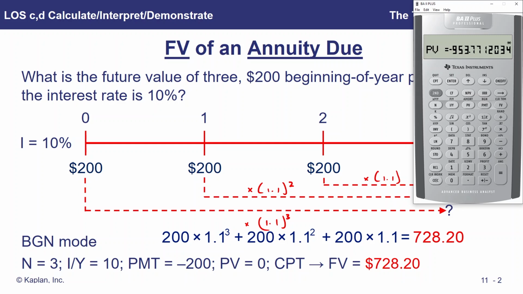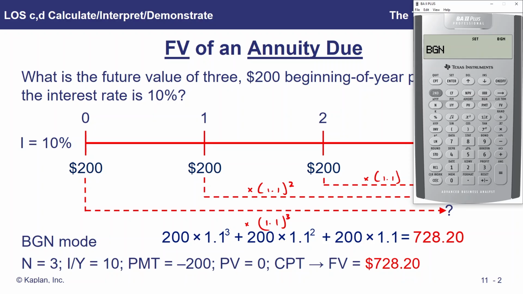First of all, let's strip out the time value of money buttons. There we go. Now I need to tell my calculator cash flows are at the beginning of each period, not the end. So I'm going to do second function and hit the payment button. There's my calculator saying I currently believe cash flows are at the end of each period.